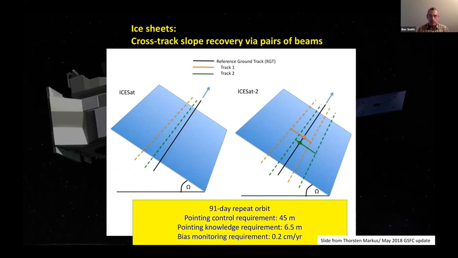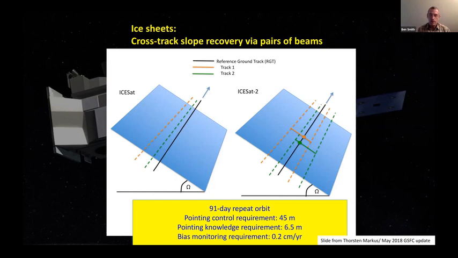This is a picture of the scheme that we had in mind when we designed ICESat-2 for doing repeat track differencing. ICESat-1 just made repeat measurements of the same track, but it did it only with a single beam. So if you wanted to figure out the difference in height between two passes for a particular spot on the surface, you had to contend with the fact that you didn't necessarily know the surface slope. Surface slopes could look like elevation changes.